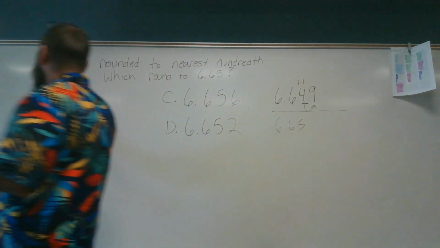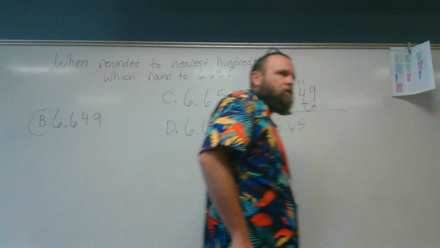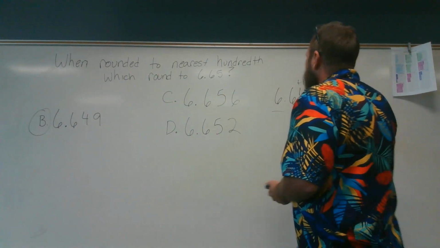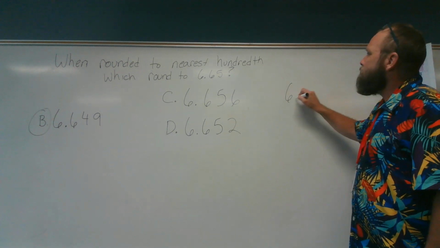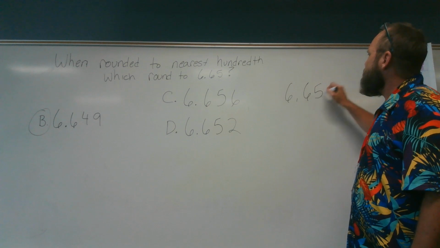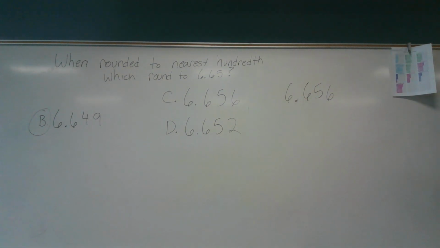Now on that question, there was an option where you could choose more than one answer choice. So let's look at C. C is 6 and 656 thousandths. Andrea, what number is in the hundredths place?